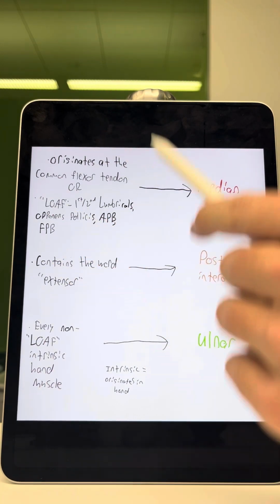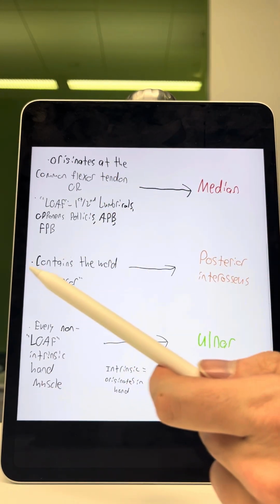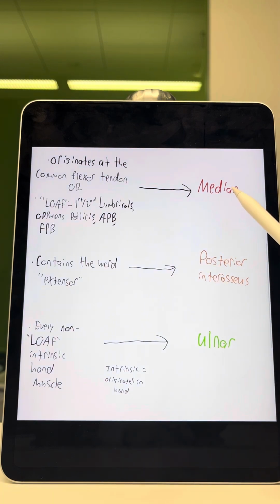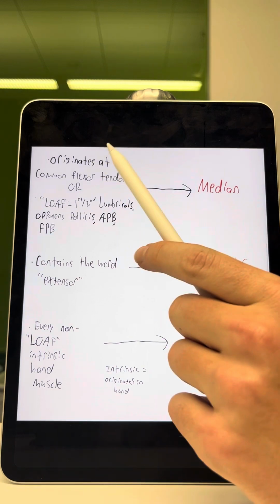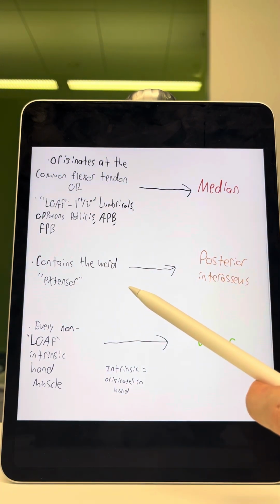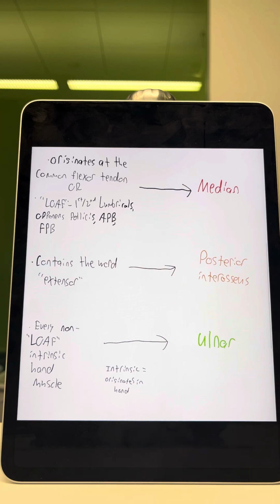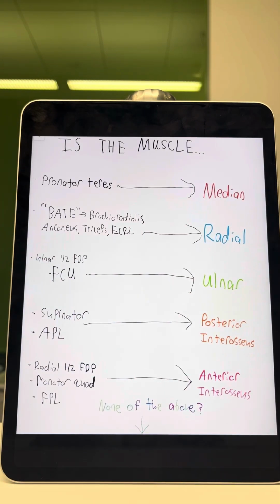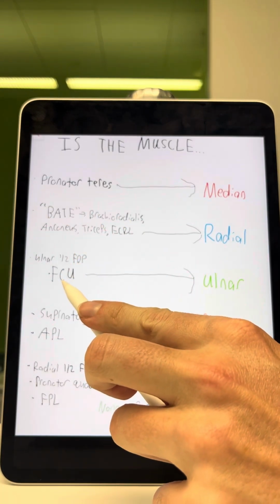If it fits into any of these categories, they are all innervated by the median nerve. And like I said, the flexor carpi ulnaris originates at the common flexor tendon, but we have already counted that out because it's a part of the first part of this.